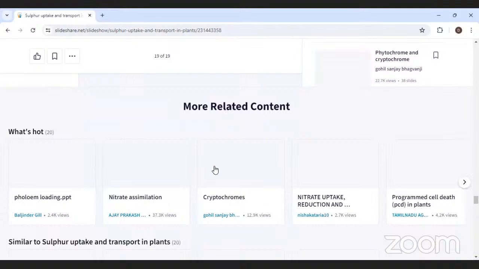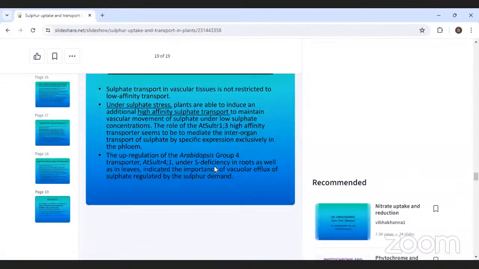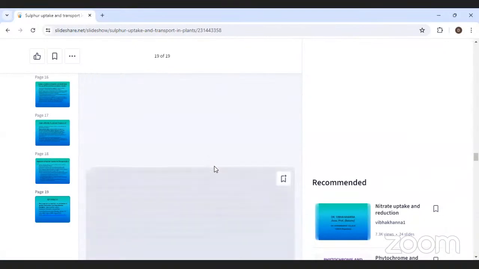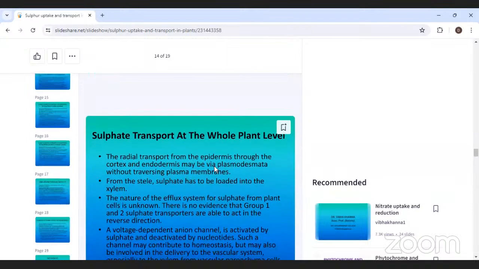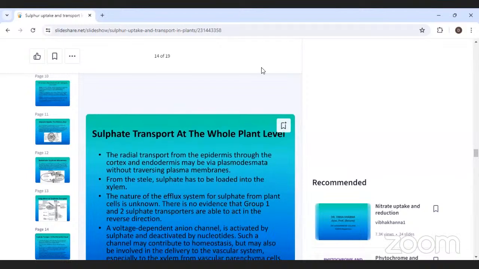This is how sulfur is used for translation and transported throughout the whole plant. Now I'll stop my sharing.